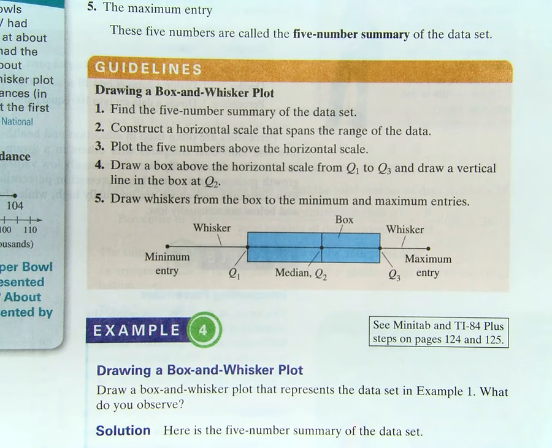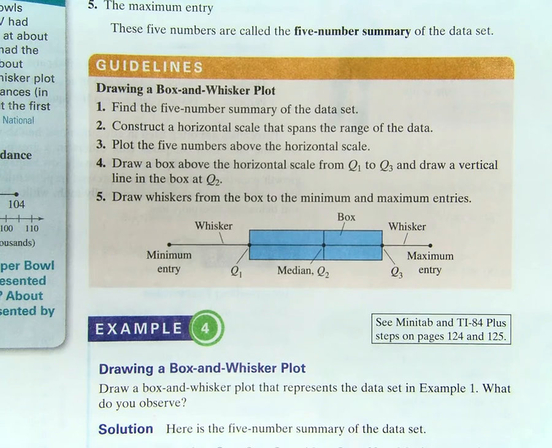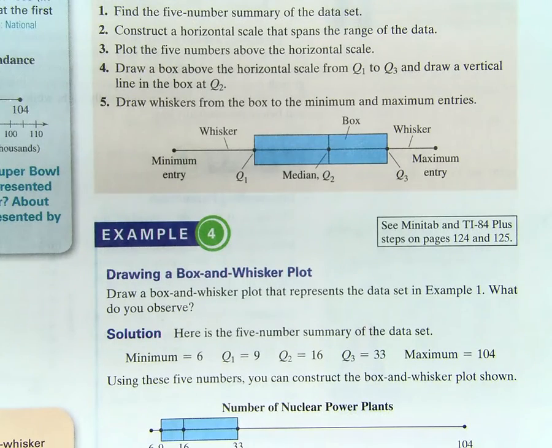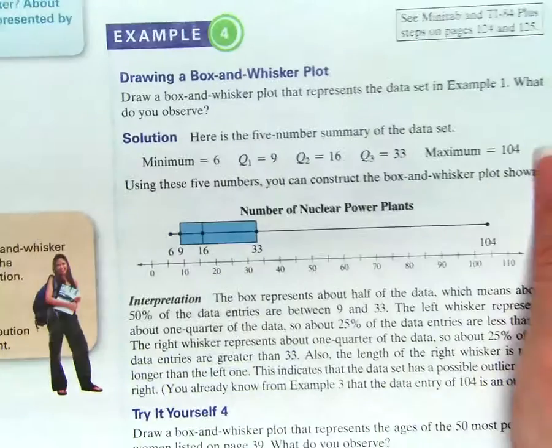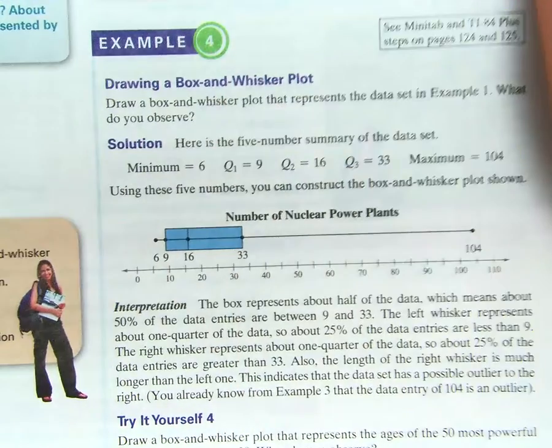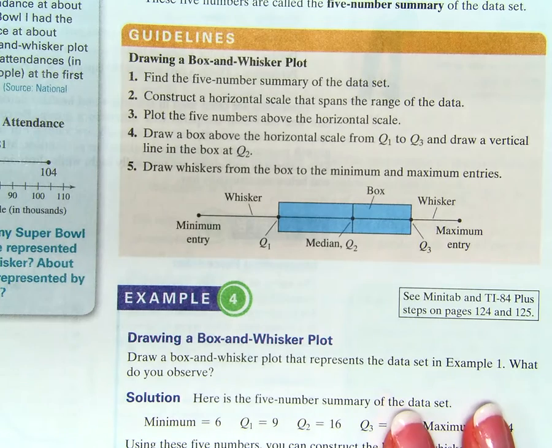Okay? Any questions about that? It's another application to use our quartiles in. All right? But this shows you how to draw a Box-and-Whisker plot, and if you know all 5 of these pieces of information, could you pretty much draw a Box-and-Whisker plot? Yeah, okay.